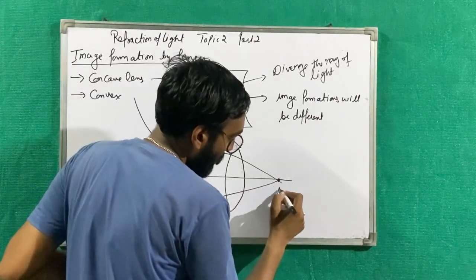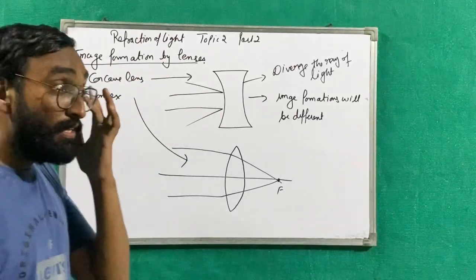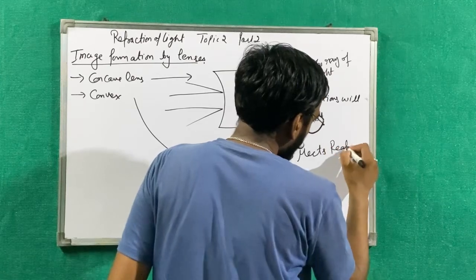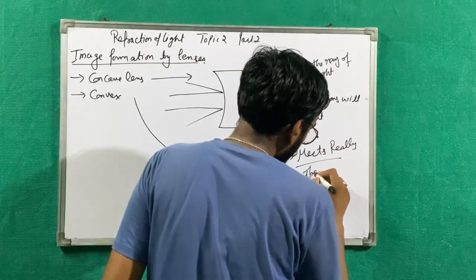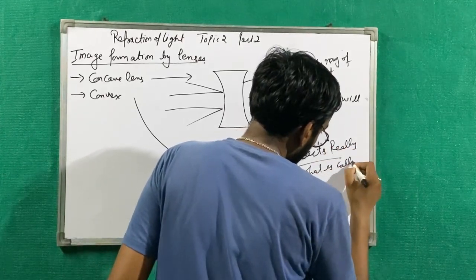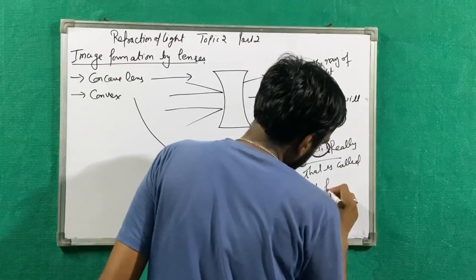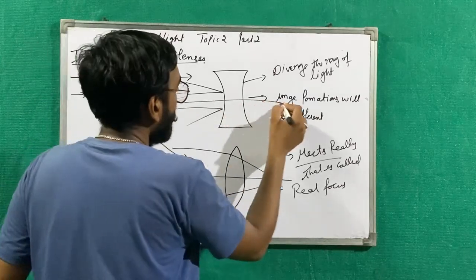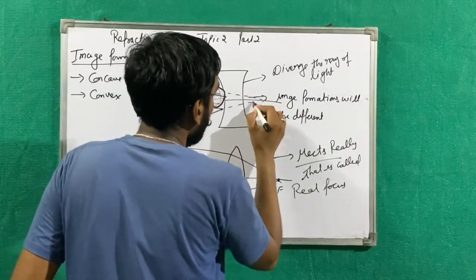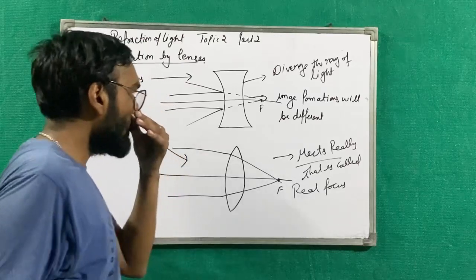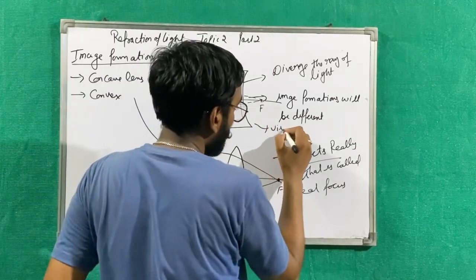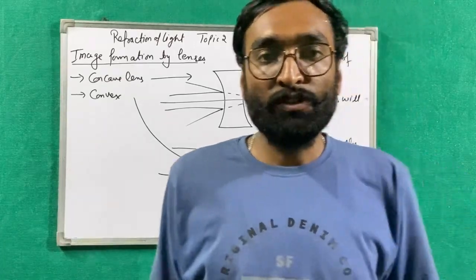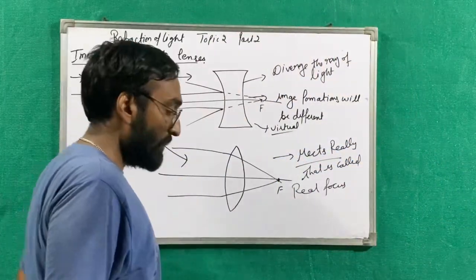This is going to be the focus where the rays really meet, that is called the real focus, as well as the focus at which we are virtually meeting the rays, that is going to be the virtual focus. I hope these topics are clear to you. So we are going toward the image formations.